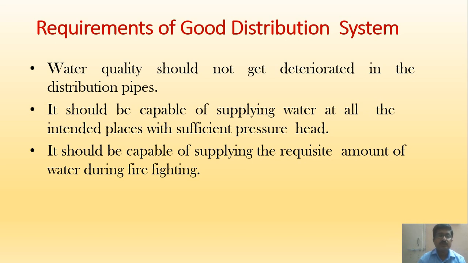Requirements of a good distribution system. Water quality should not get deteriorated in the distribution pipes. It should be capable of supplying water at all intended places with sufficient pressure head. It should be capable of supplying the requisite amount of water during firefighting.